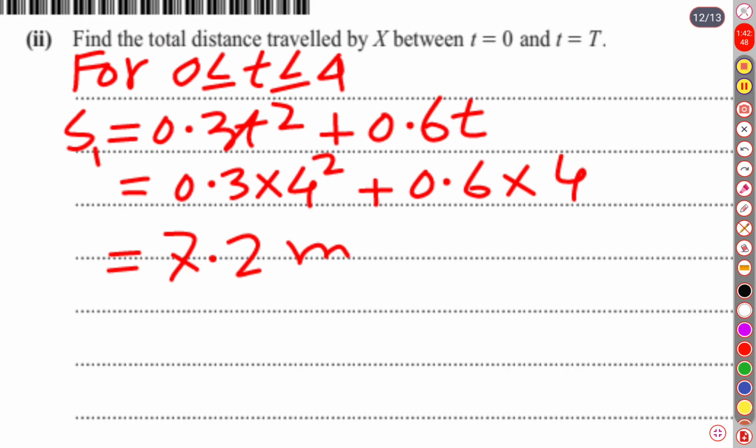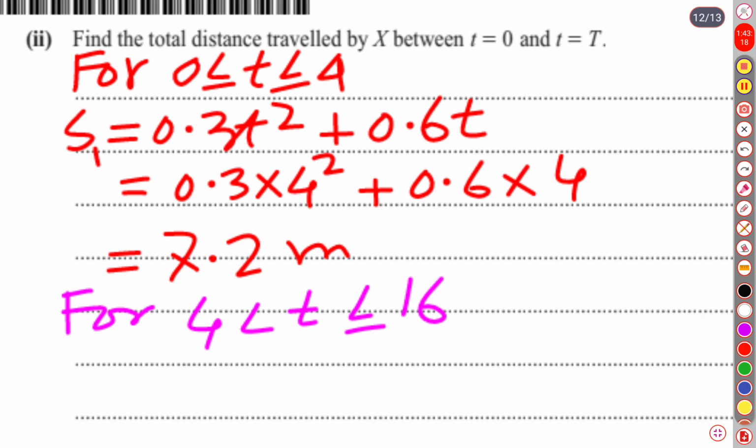Then for the second phase, means t is greater than 4 until 16 seconds, because we have already found that t was 16 seconds. For the second phase, we don't have an expression of displacement.